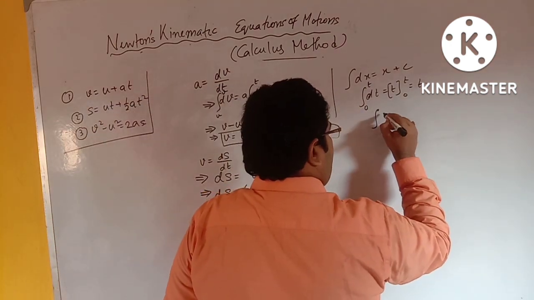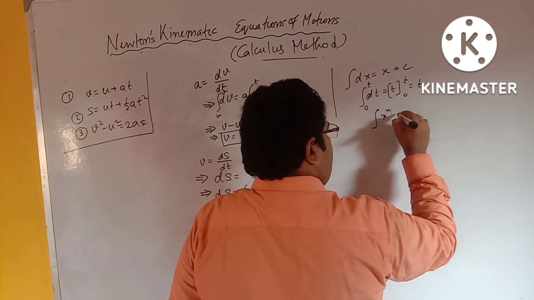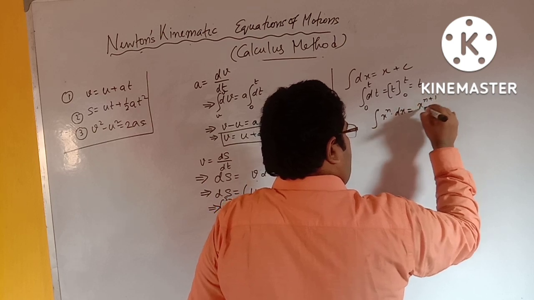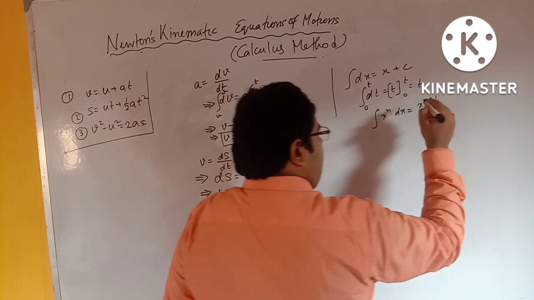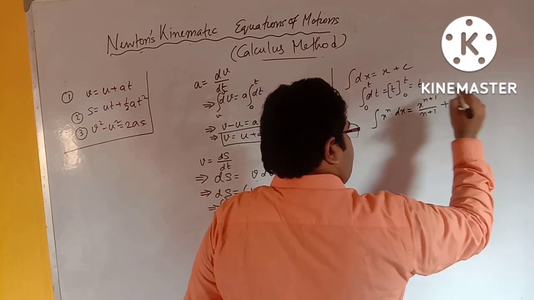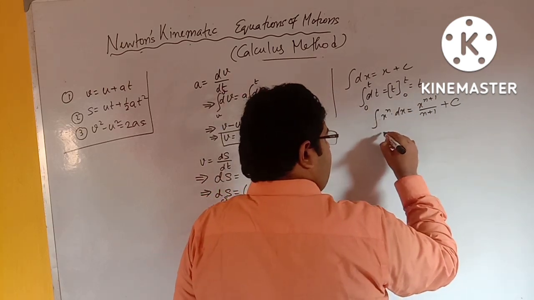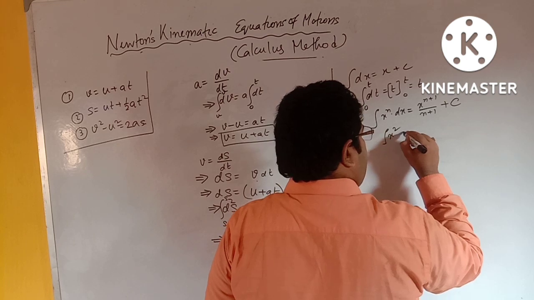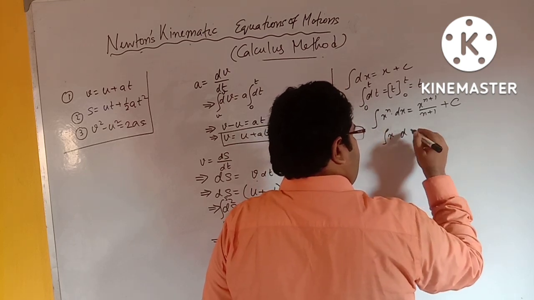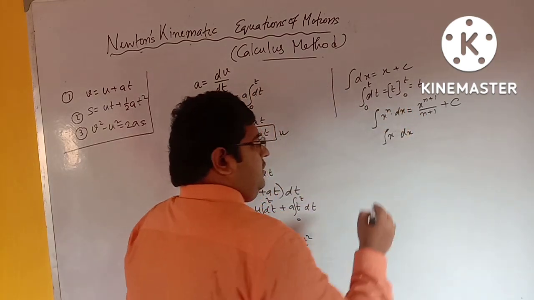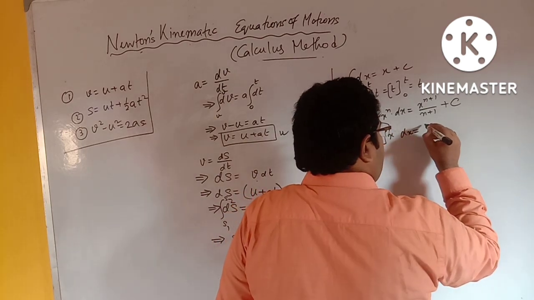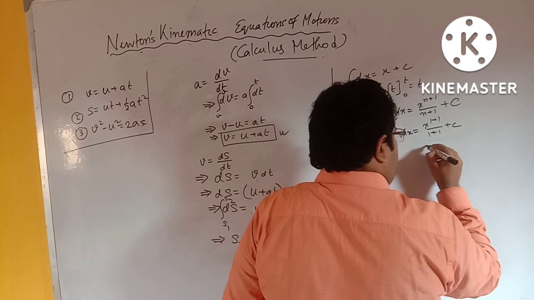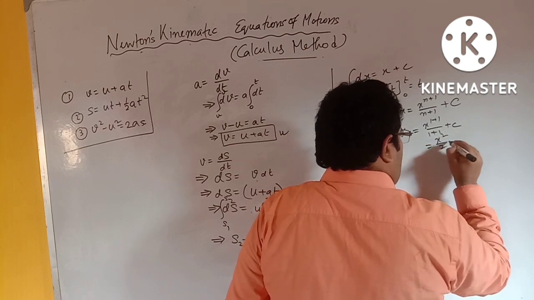The rule is that the integral of x to the power n dx gives x to the power n plus 1 by n plus 1, plus an arbitrary constant c. So x dx gives you x to the power 1 plus 1 by 1 plus 1 plus c, that means x square by 2 plus c.